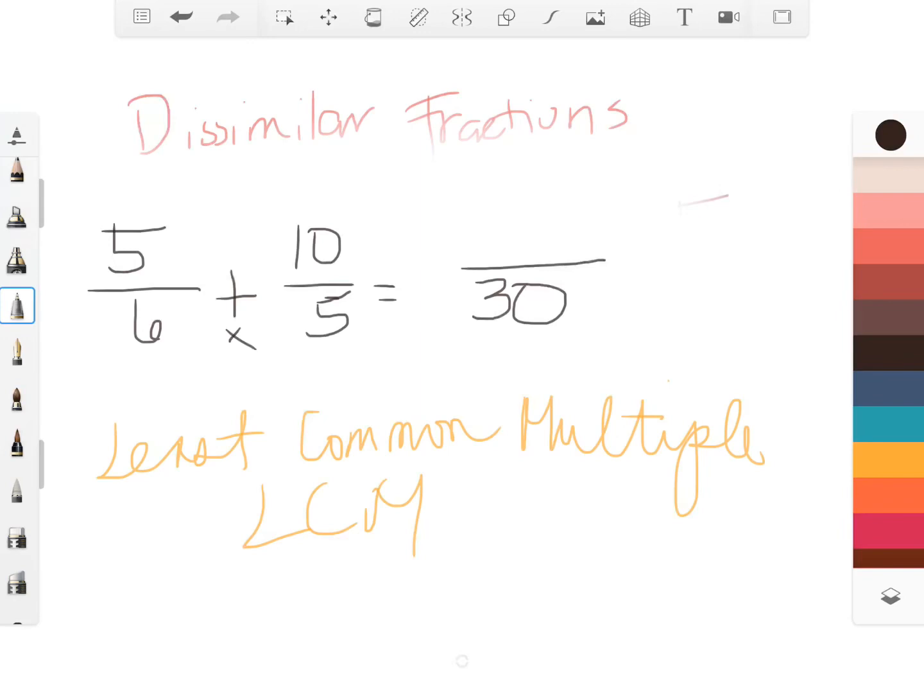Once you have found the least common multiple, 30, you have to divide it by each fraction's denominator and multiply it by its numerator, and you have to do that for each of the fractions. So 30 divided by 6 is 5, and 5 times 5 is 25.